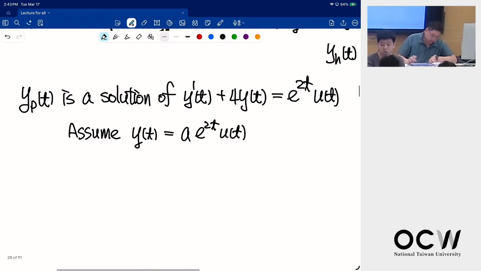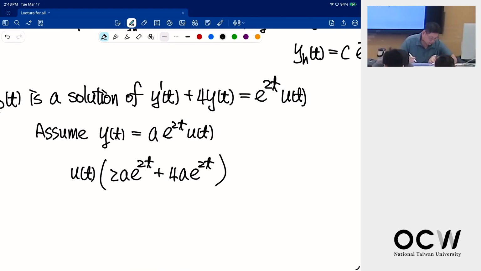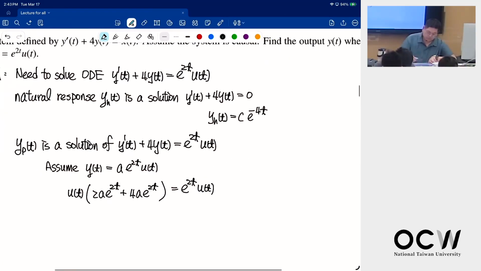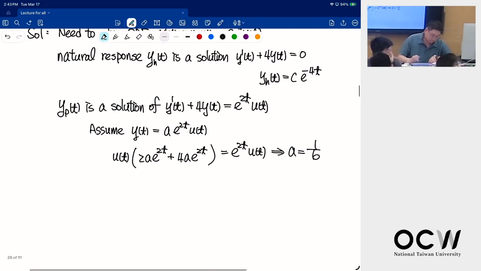Then you take the derivative, y prime plus 4y, and you should get 2a e to the 2t plus 4a e to the 2t. That should be equal on the right hand side to e to the 2t u(t). So you get a equals 1/6.